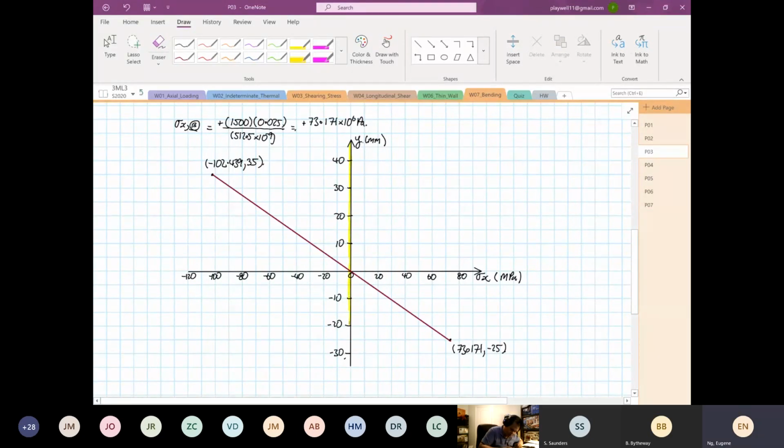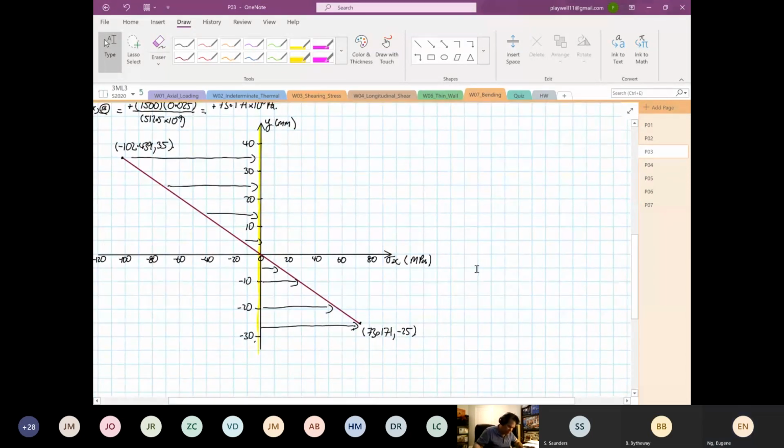So now you start constructing your arrow, compression, and then it's going away is in tension.